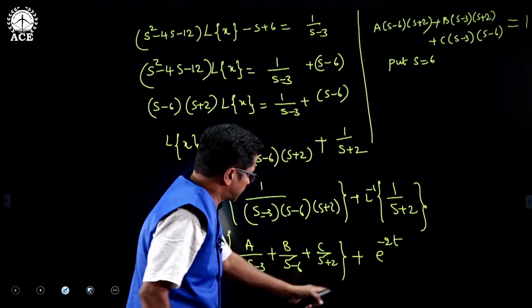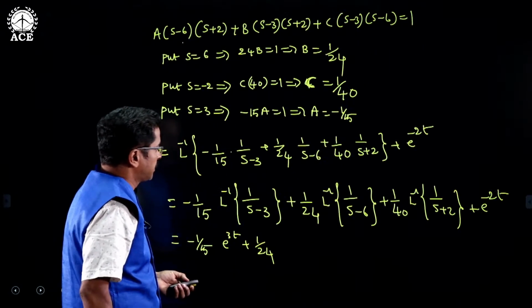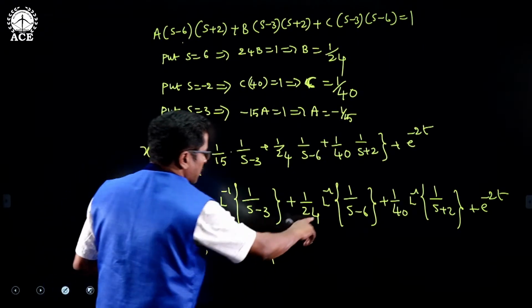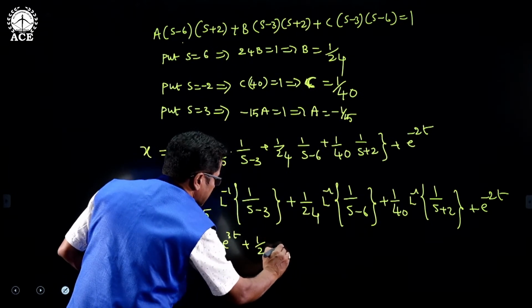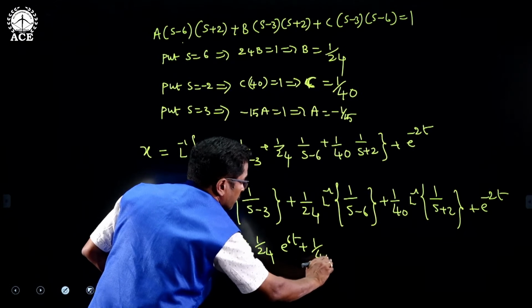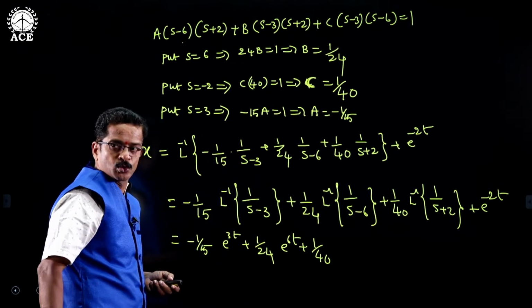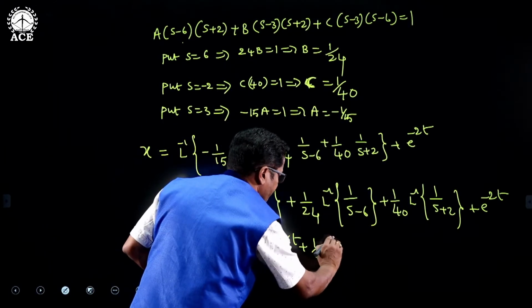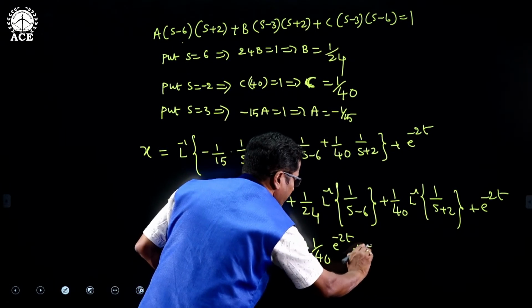So L inverse of 1 by s minus 6 means e power 6t, plus 1 by 40 into L inverse of 1 by s plus 2 is e power minus 2t, plus e power minus 2t.